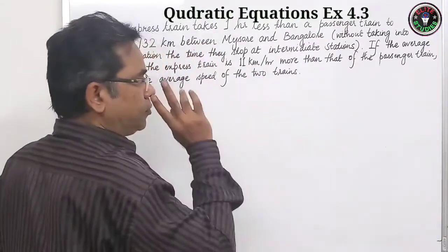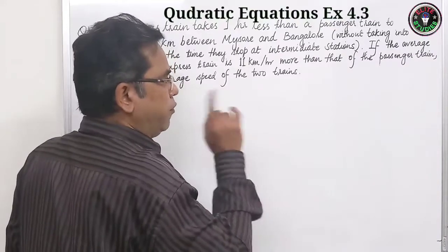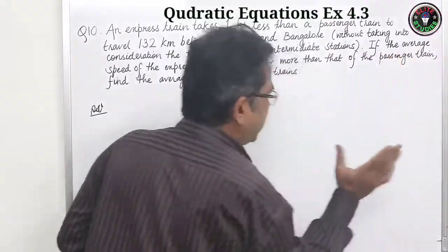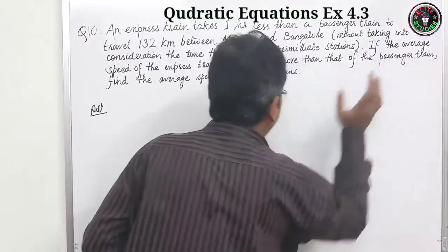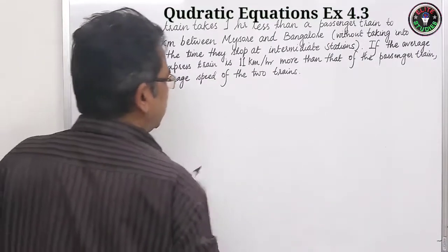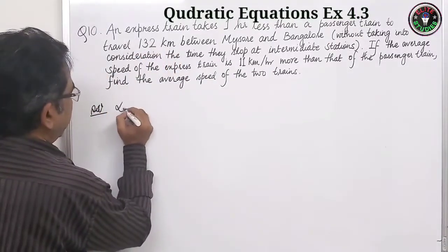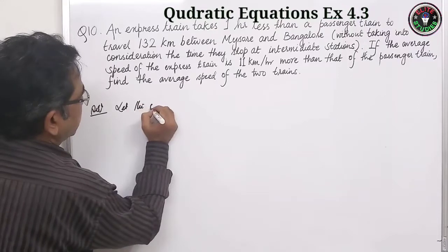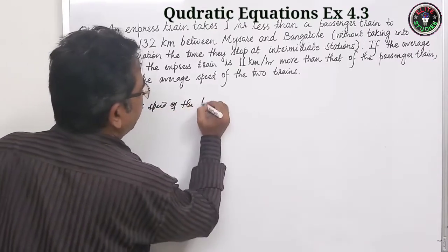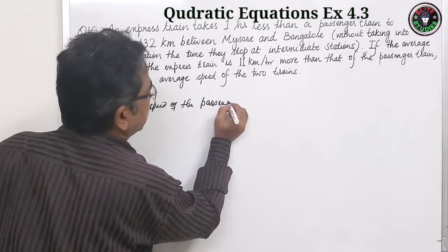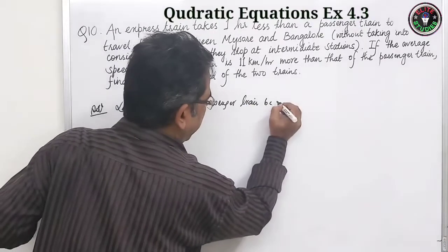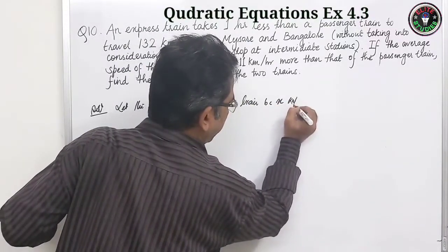So in fact our variable is actually the speed of the passenger train. If we can find out the passenger train's speed, we will simply add 11 and we will get the speed of the express train. So let the speed of the passenger train be x km per hour.